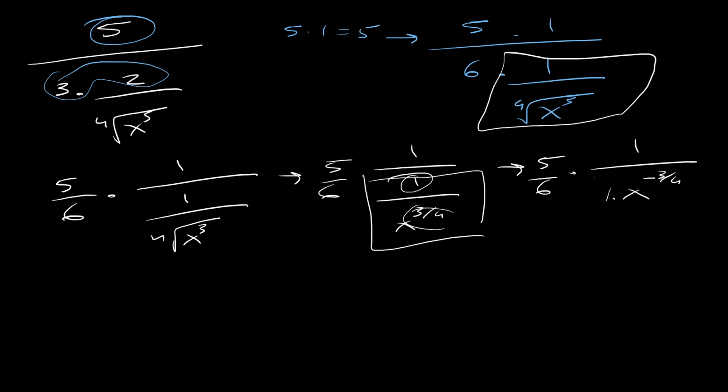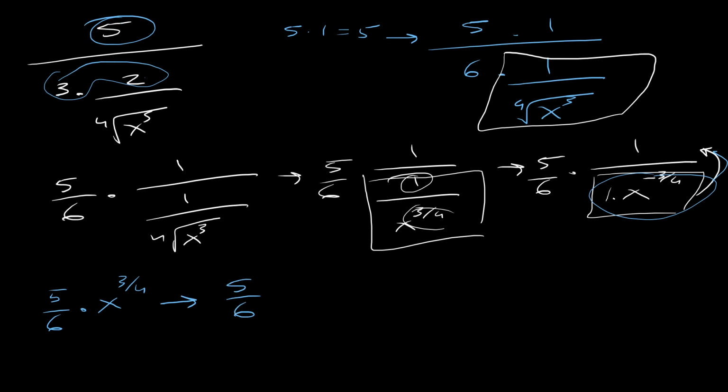And now let's keep working on this element. Because this is negative and it's in the denominator, we can get it on top as positive, right? So change colors here. So you're going to have 5, 6 times, we're going to have all this term coming on top and get rid of the negative sign. So you're going to have x to the 3rd power divided by 4, right? And now we're going back to the same way we have been solving these problems.